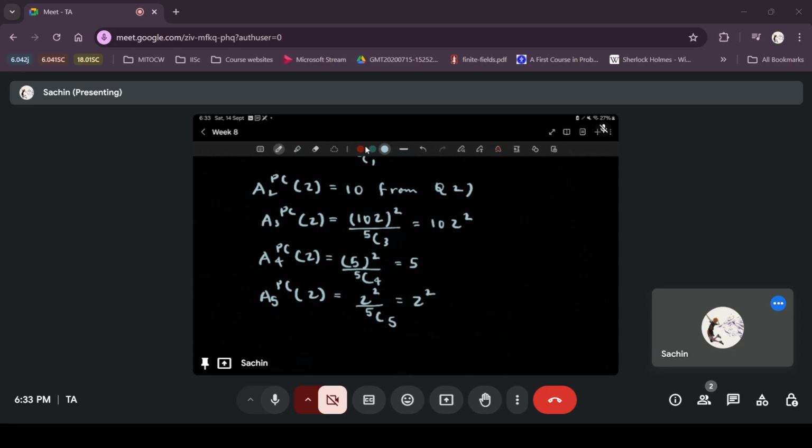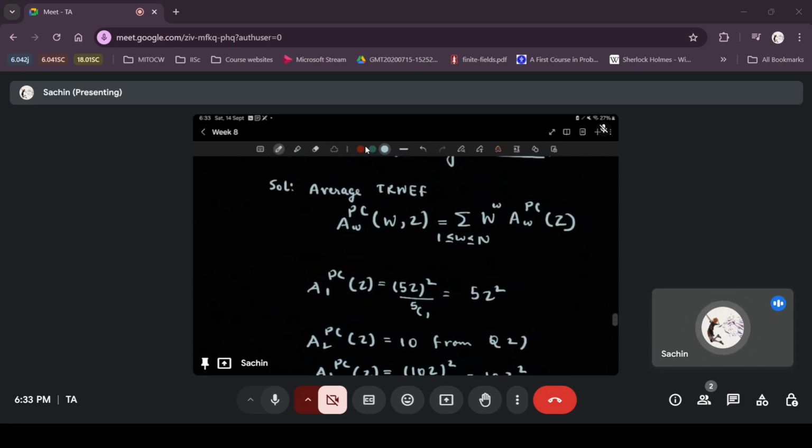Okay, now we plug those values into this formula.